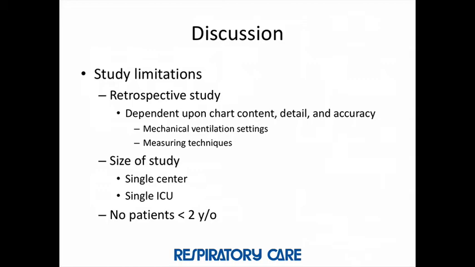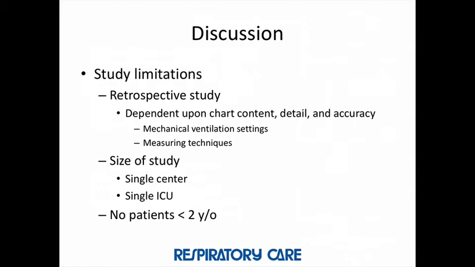Other limitations to this study are based on the size of it. Although 58 subjects is certainly large enough to report and publish, and it doesn't weaken the value of this study, a larger multi-center study would be more impressive, as certain policies and procedures and even patient populations vary between centers.